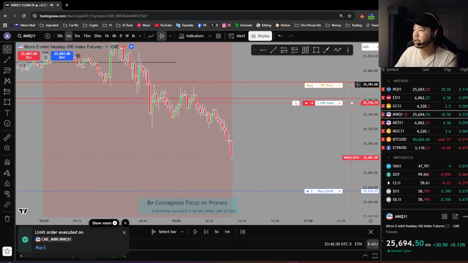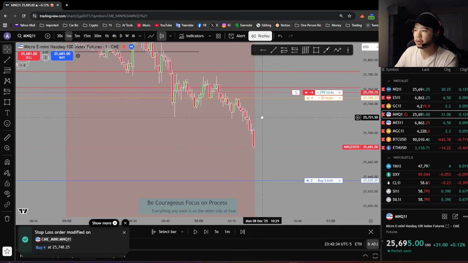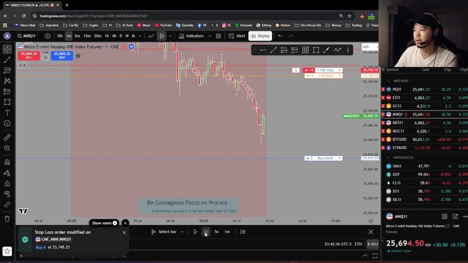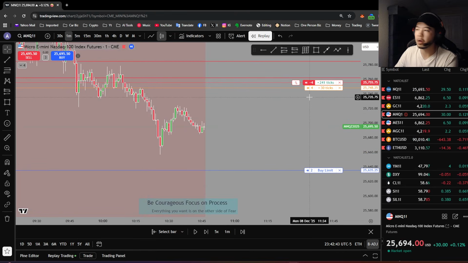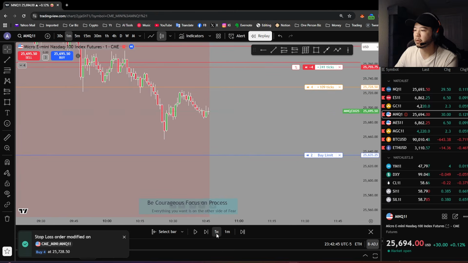Our first profit taken, and then you move your stop loss immediately to the most recent swing high. Same here, when we form another swing high, you do the same thing.